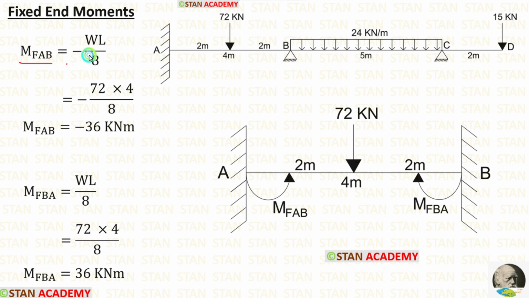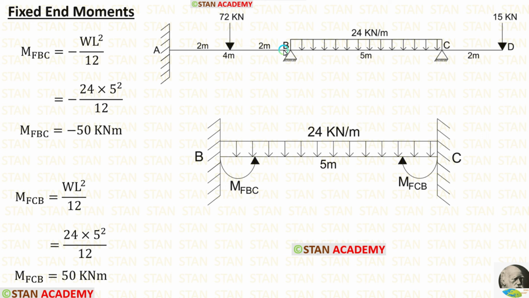M of AB is negative because it is acting in the anticlockwise direction. M of BA is positive because it is acting in the clockwise direction. Let us apply the values inside the formulas. W is 72, L is 4. When we apply the values, we are getting M of AB and M of BA.